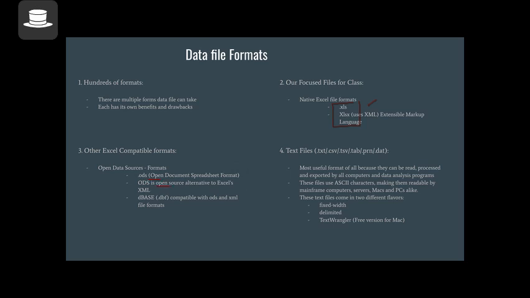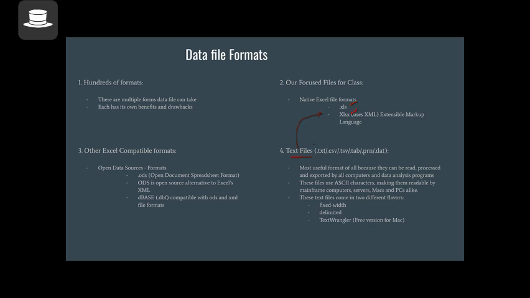Finally, we'll end this data file format topic by moving on to one very important data file format that is not an Excel format, but a non-Excel format that is very useful, where you can read, process, and interact with the information in a text file in Excel and many other programs. That format is called text file.